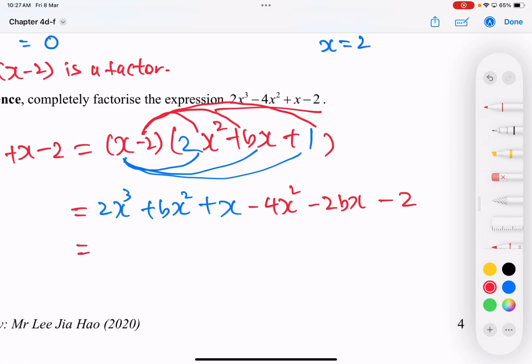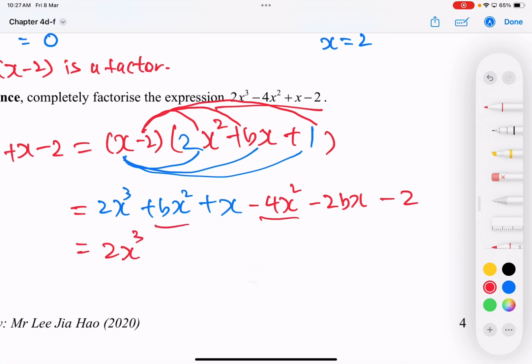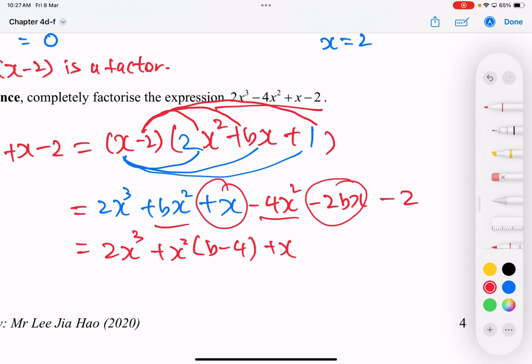Let me combine all of the like terms together. So 2x cubed, plus x squared times (b minus 4), where I factorize out the x squared. The next one, I have x and an x, so I factorize out the x and I'm left with 1 minus 2b, and then minus 2.